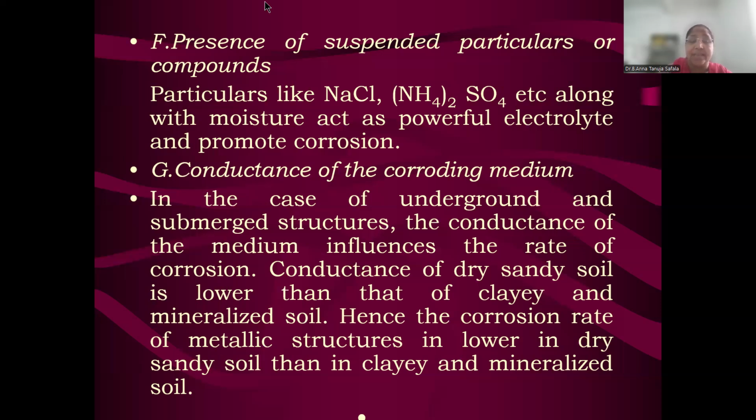Similarly, under nature of environment, we have discussed how temperature, pH, humidity, and the presence of impurities in the environment enhance the rate of corrosion. With all this knowledge of factors influencing corrosion, we can think about the corrosion control process. With this, I am stopping my lecture. Thank you all.